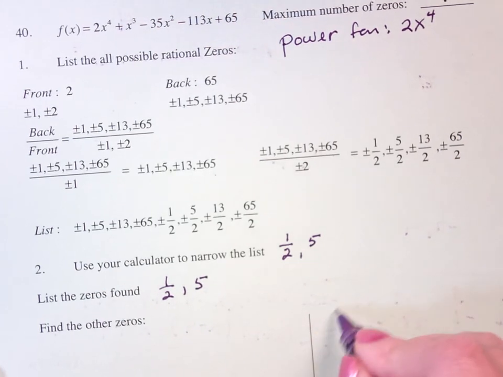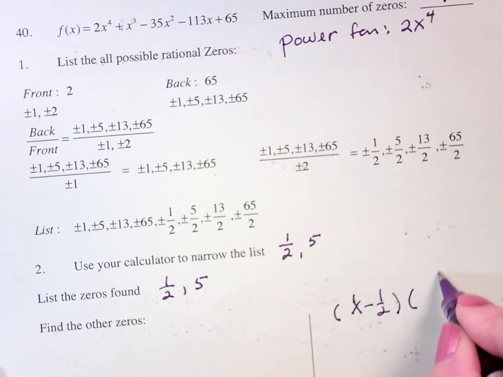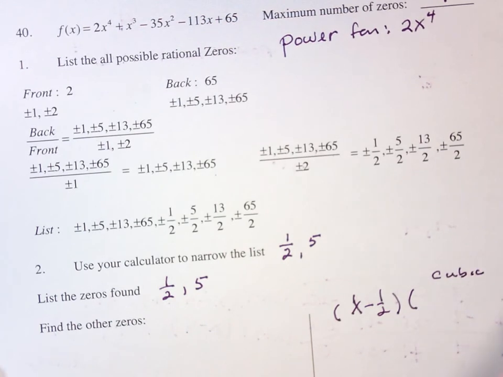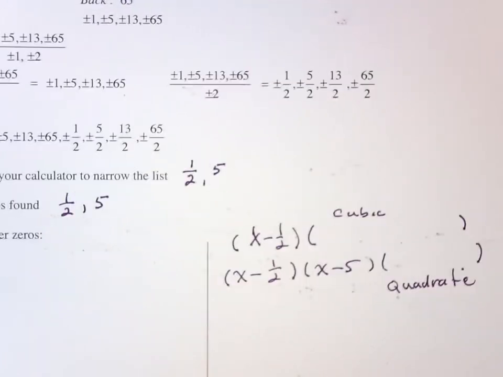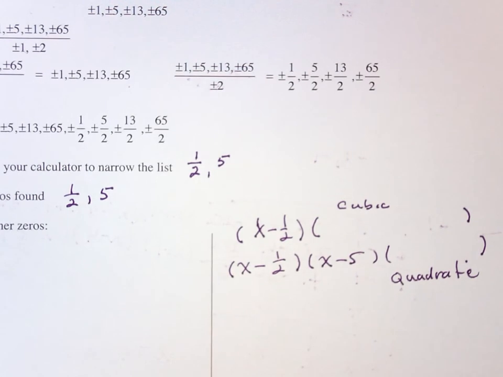I know I'm dealing with x minus 1 half times some cubic when I start working it down. Then I'm going to peel away the x minus 5. That's going to be times some quadratic, which, by the way, doesn't factor, because if it did factor, then they'd be rational zeros.